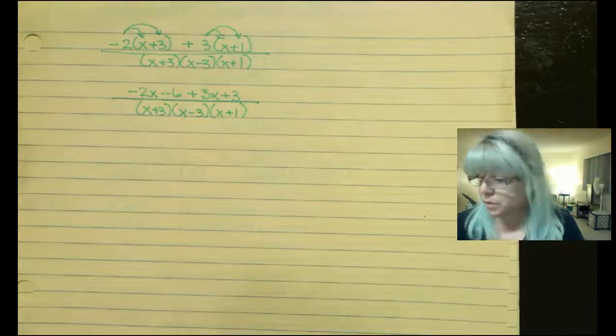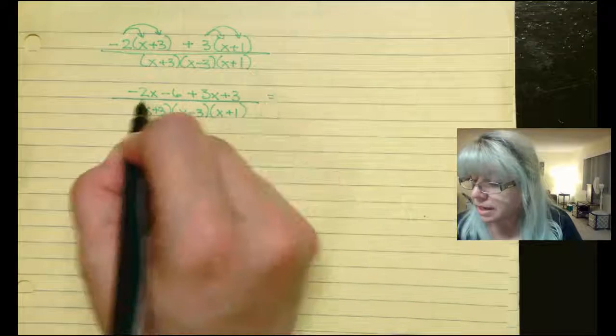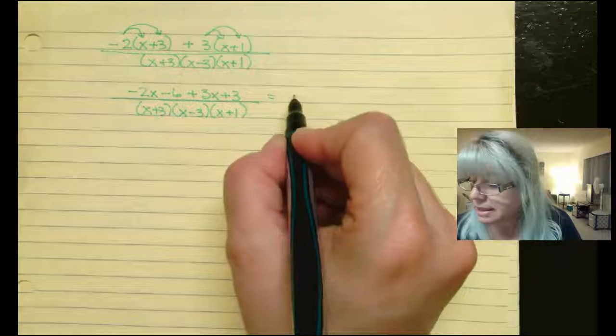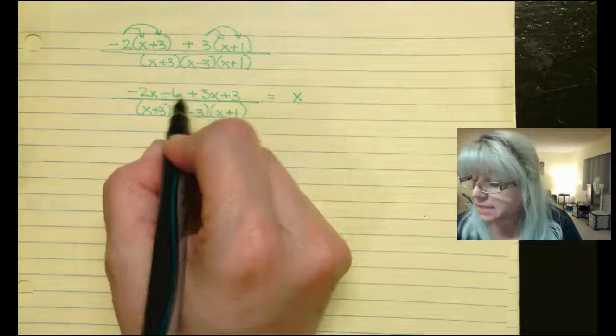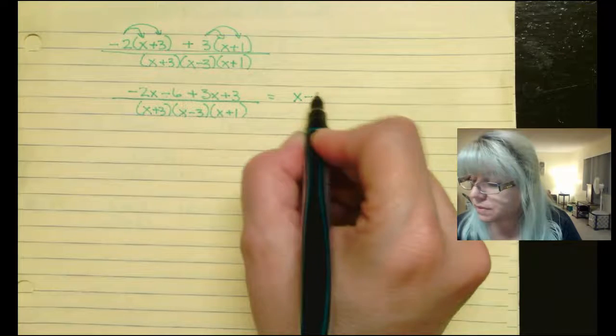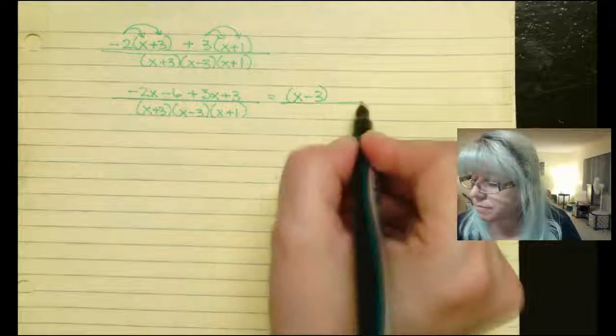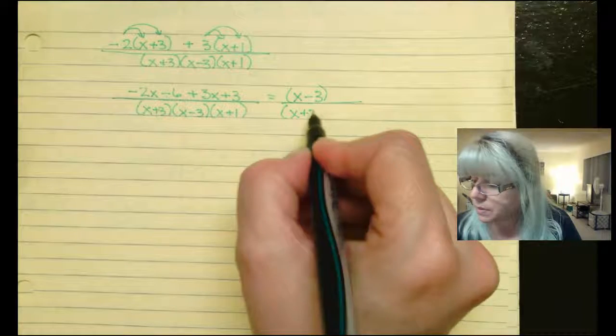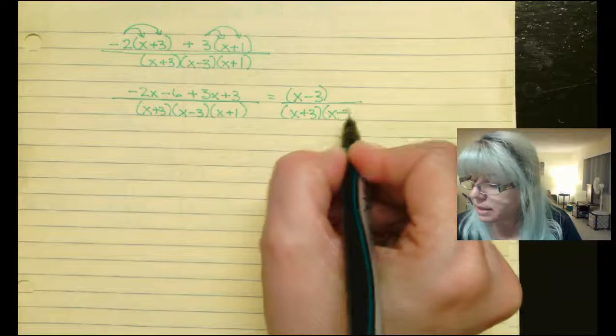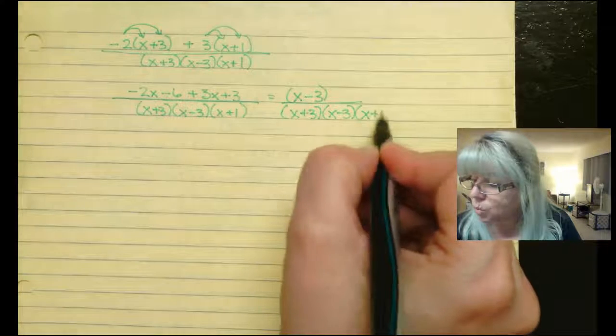Add like terms for the numerator. -2x plus 3x is x. -6 plus 3 is -3. All over x plus 3, x minus 3, x plus 1.